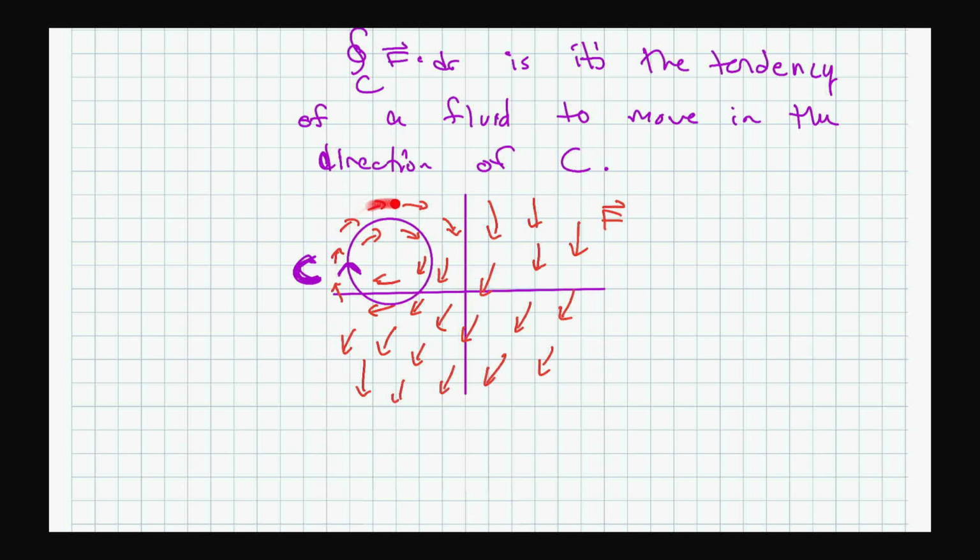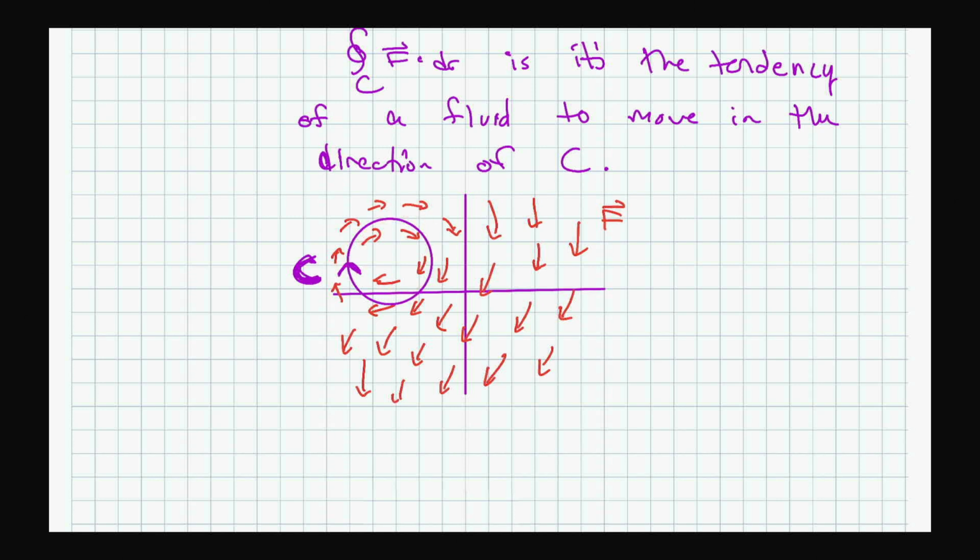So the vector field has a tendency to go along the same direction as that curve, right? And that is what the circulation is measuring. How much is the vector field following the curve?